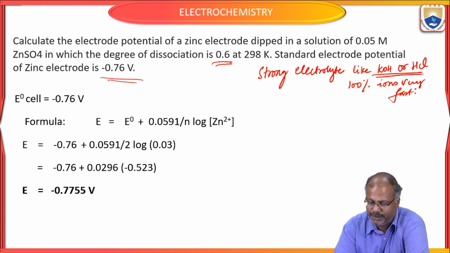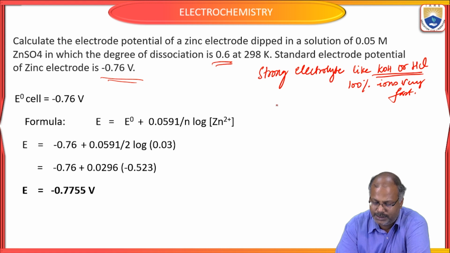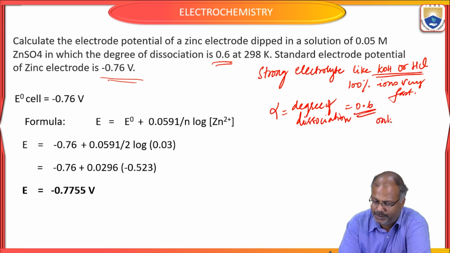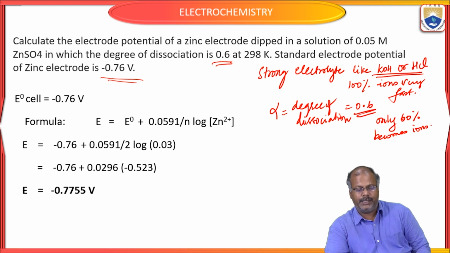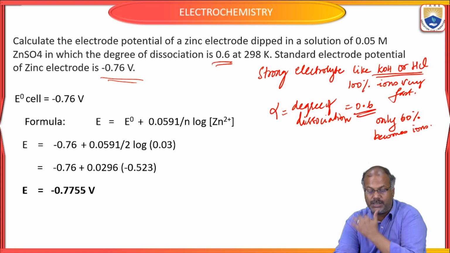Whereas alpha, the degree of dissociation, is equal to 0.6, which means only 60% becomes ions.